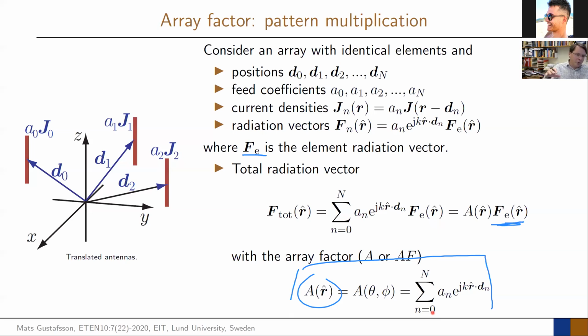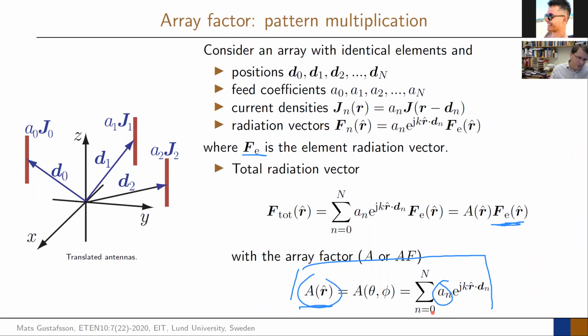So now I separate the construction of the array into one piece that says design your antenna elements, and another piece which says define your array, which means have the elements put at the right position and give them the right weights that sit there.